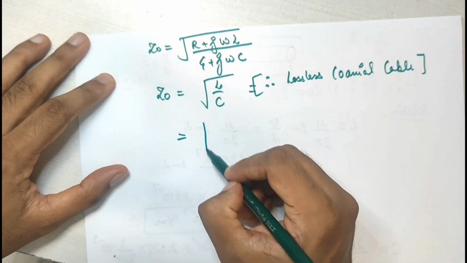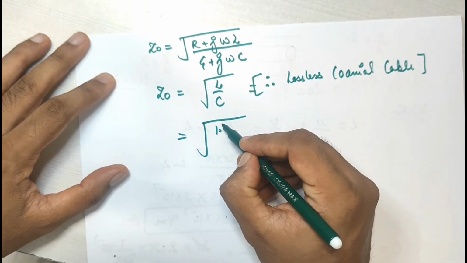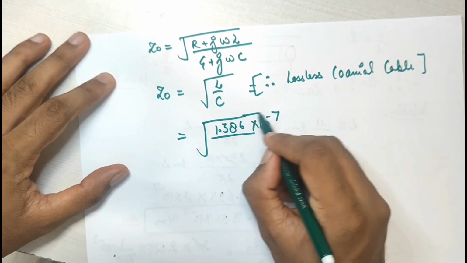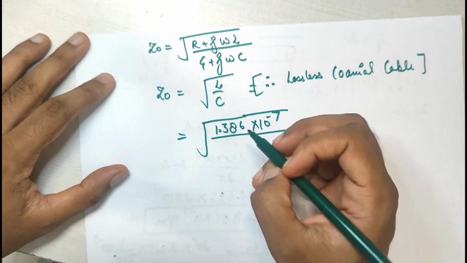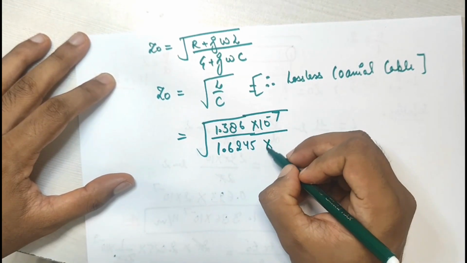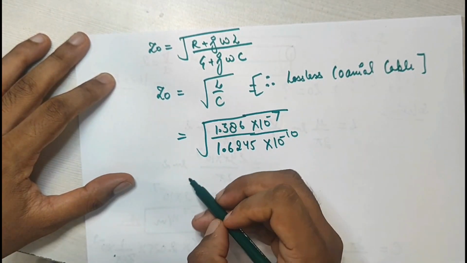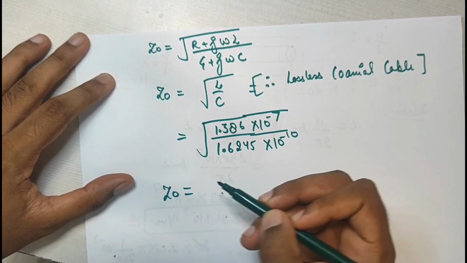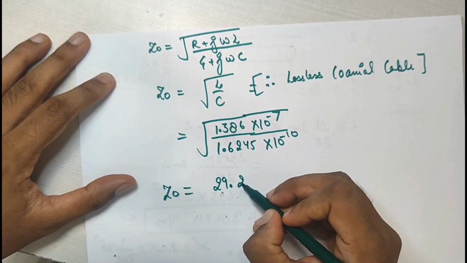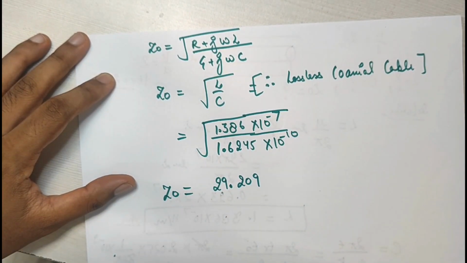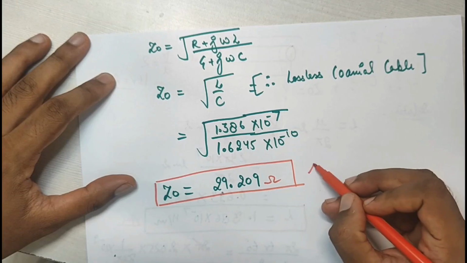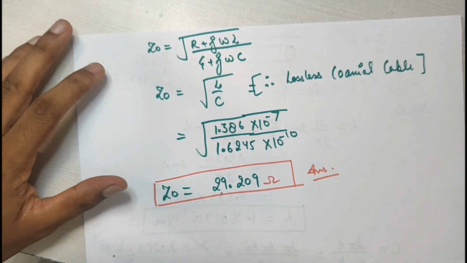What is the value of L? L is 1.386 into 10 to the power minus 7 upon 1.624 into 10 to the power 10. After the calculation, this will be 29.209. This is the answer.